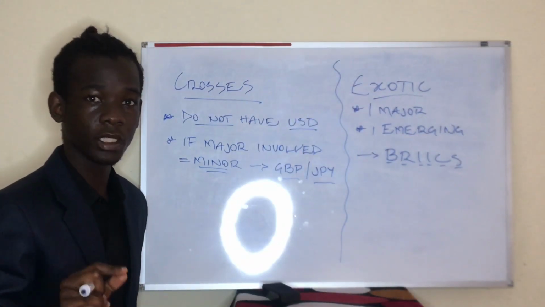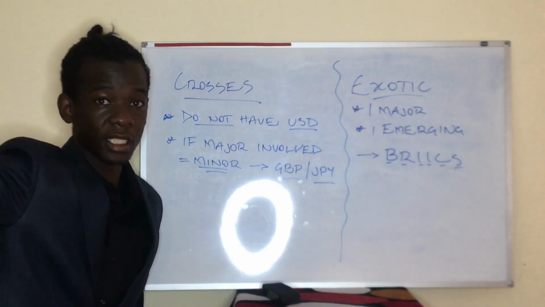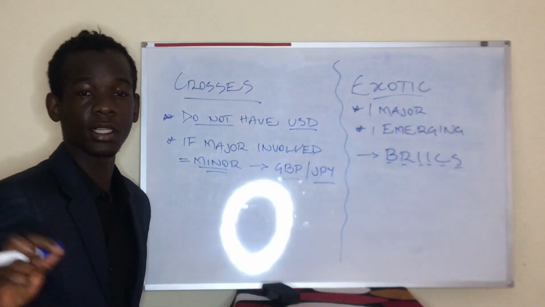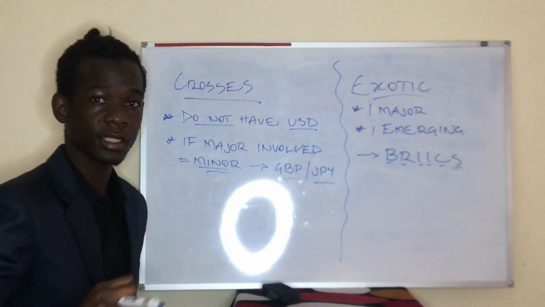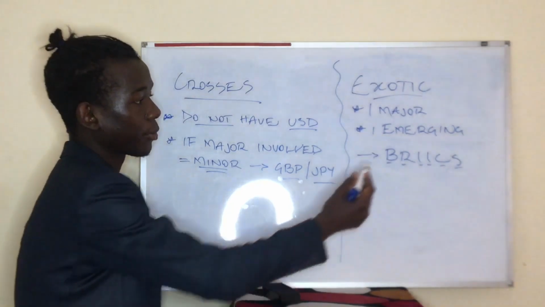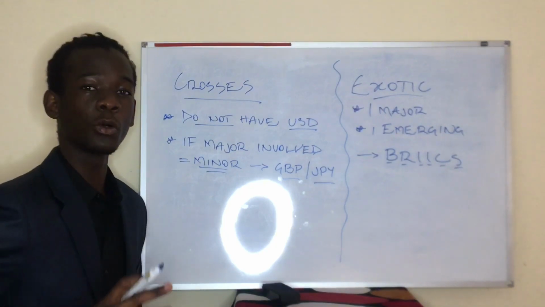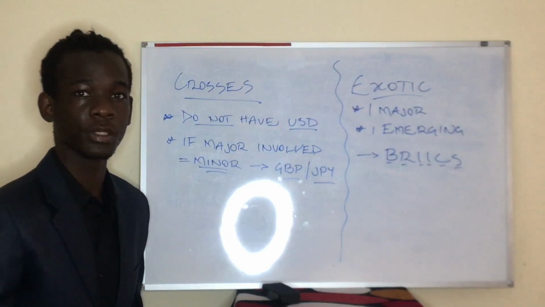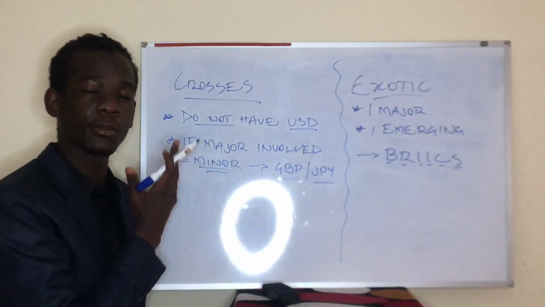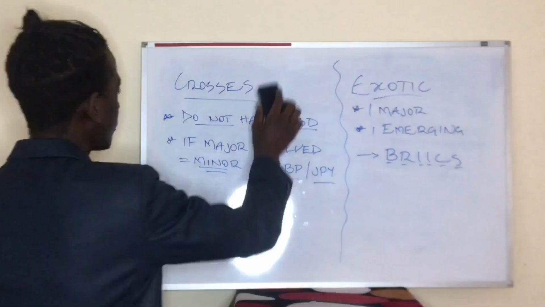So all an emerging currency means is that it's a lesser economy than the major economies like the European economy, like the dollar economy, like the Australian economy. But it's an economy that's coming up, it's emerging, alright? And we've given some examples here using the abbreviation BRICS. Those are the most promising emerging economies that we currently know, alright? So that's all we need to know when it comes to crosses and exotics and how they compare to majors.